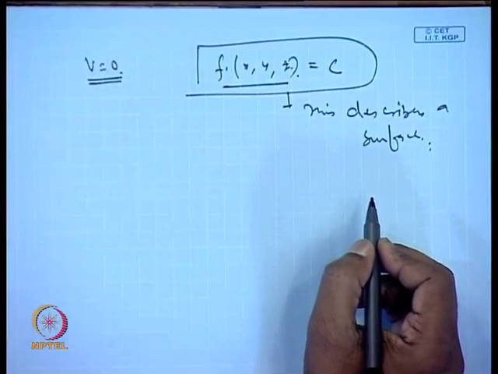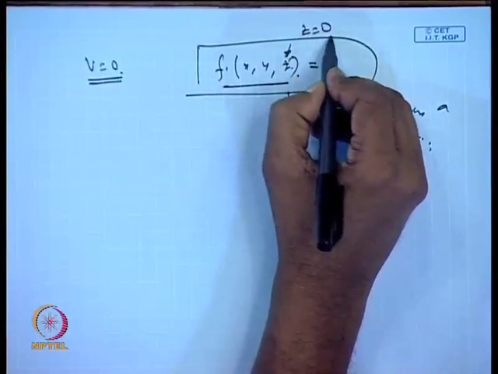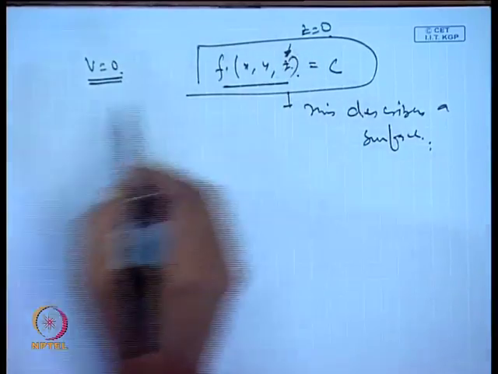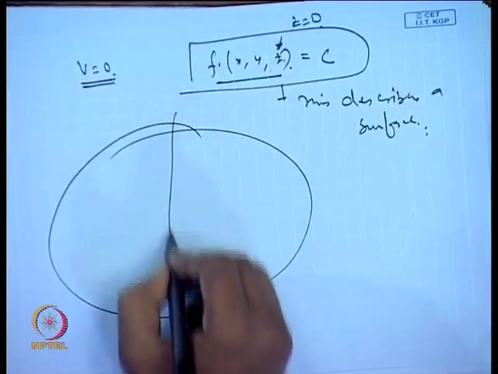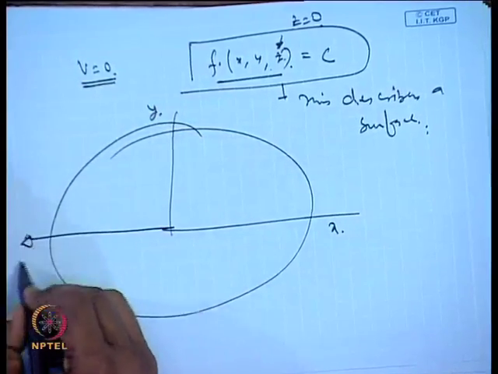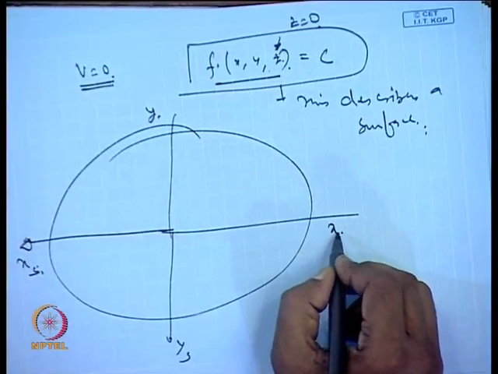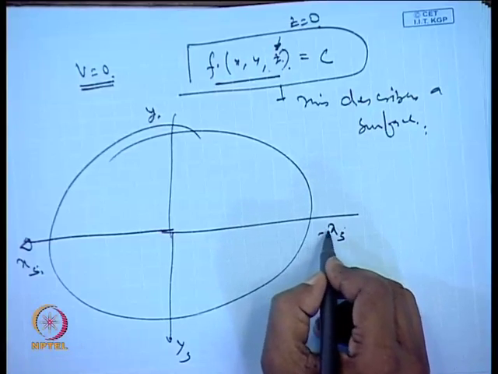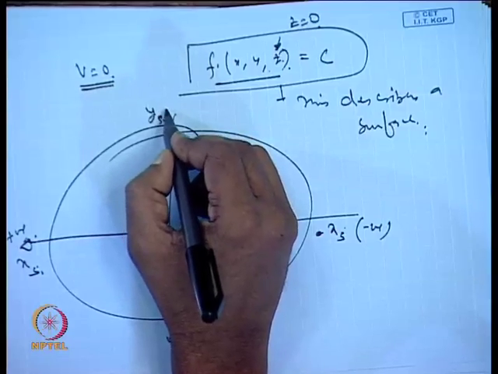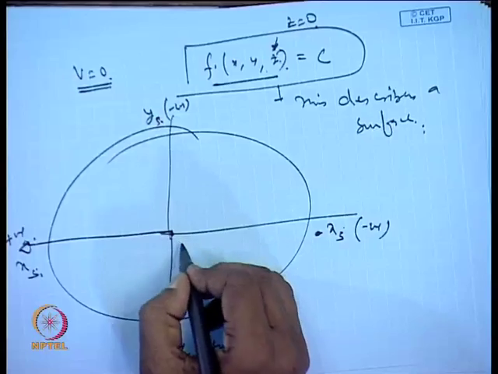Now, it is very interesting to see that z is not present in this case because we have put z equal to 0. So, if we have z equal to 0, we are looking in the x y plane. So, we have x here and y here, and in our case we have plotted x on this axis, and this is the negative side. So, x is negative on this side, this is positive, on this side we have written this as positive.